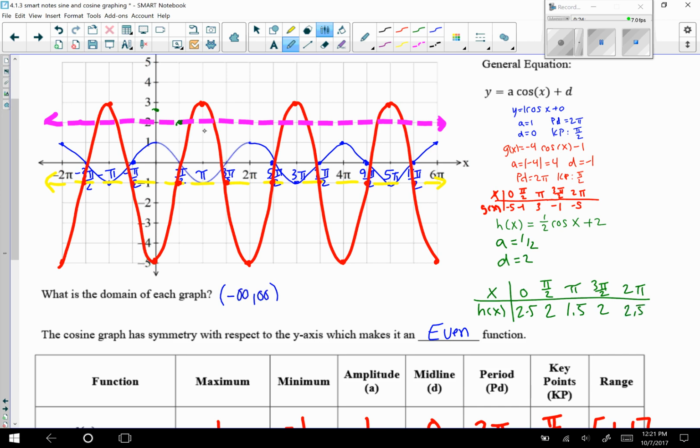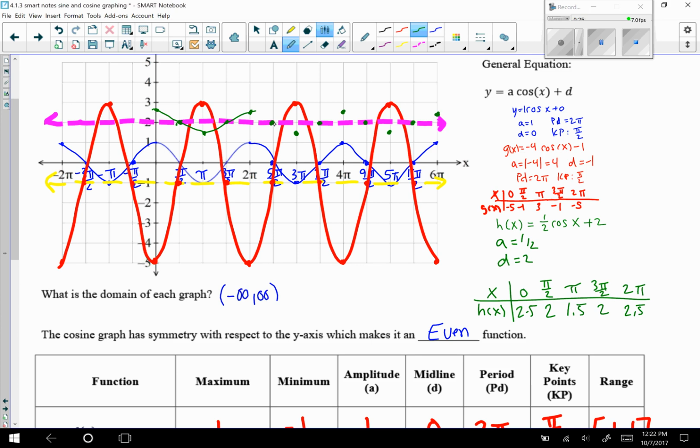So on my graph, pi over 2, I have 1.5. 3 pi over 2, 2, and 2 pi, 2.5. So that is my wavelength for this graph, and of course that's going to keep repeating. So 2, 1.5, 2, 2.5, 2, 1.5, 2, 2.5.